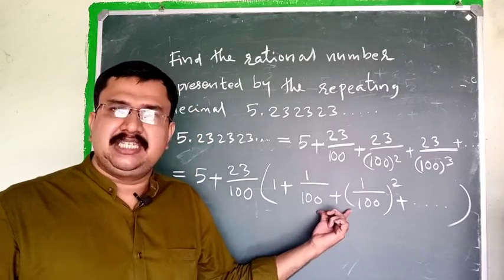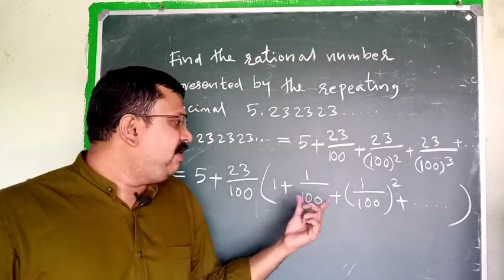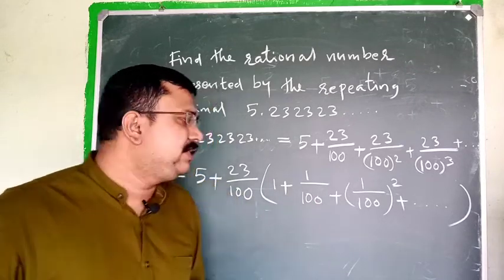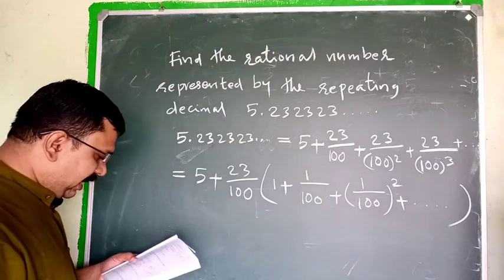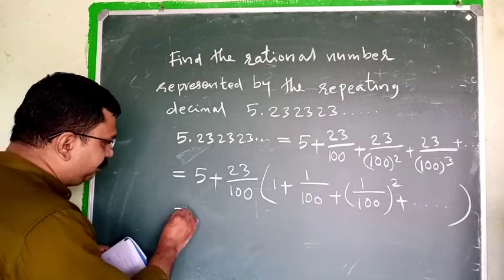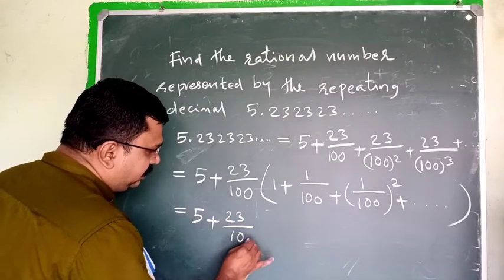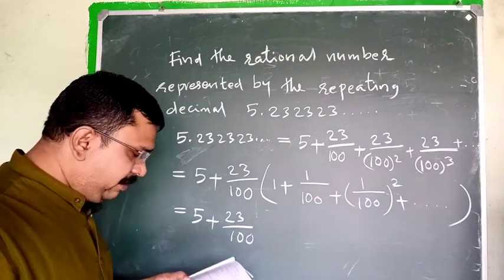What is this? This is a geometric series with the first term 1 and a common ratio 1 by 100. Therefore, this can be written as 5 plus 23 by 100 into the geometric series.